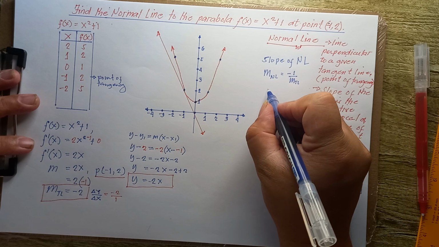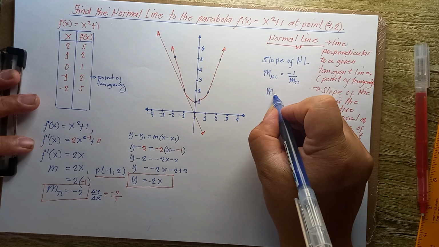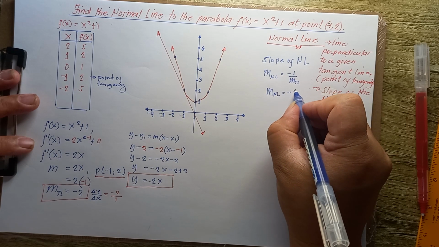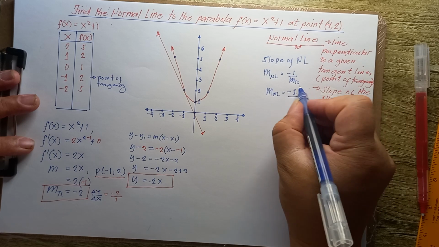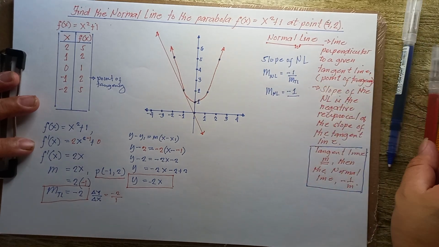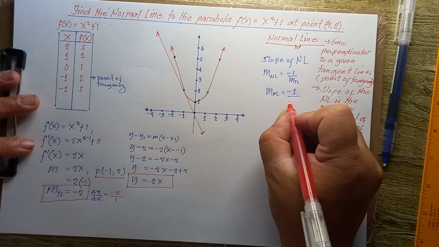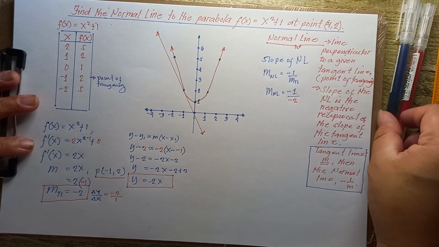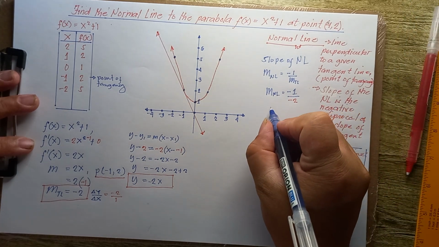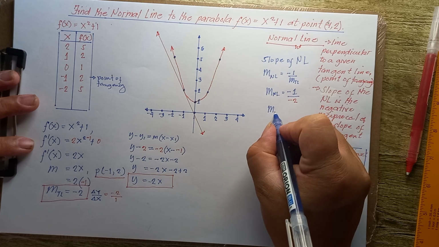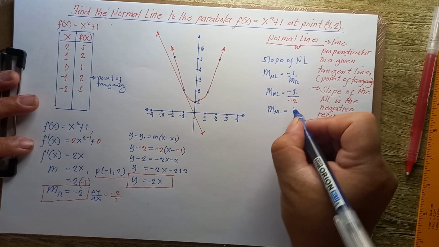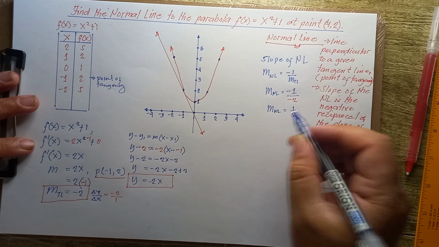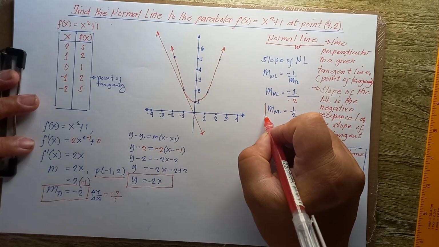So the slope now of the normal line is equal to the negative 1 over the slope of the tangent line. Okay, what is the slope of the tangent line? The slope of the tangent line is negative 2. So that if that is negative 2, meaning to say the slope now of the normal line is the same as positive 1/2. Okay, positive 1/2.